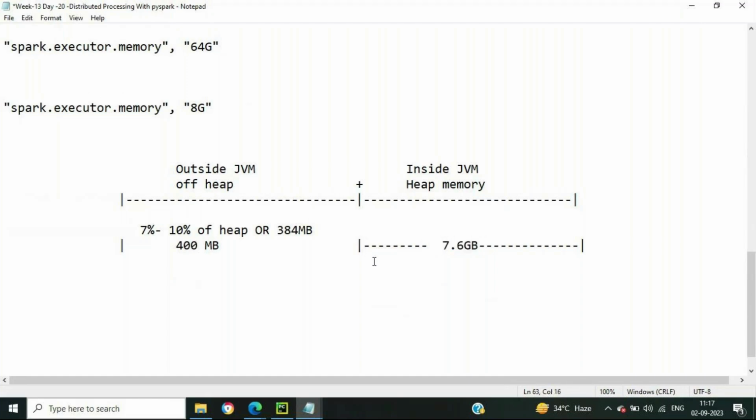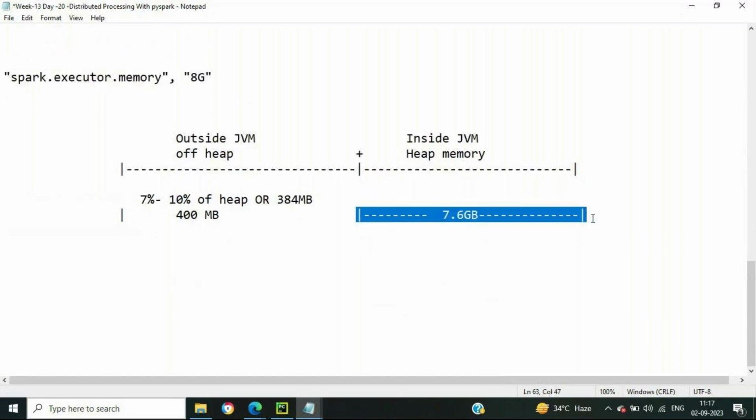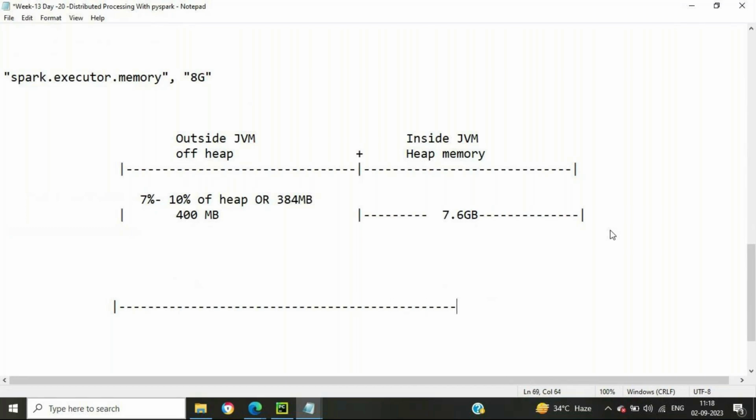No, it is not the case. This heap memory portion is further divided. So we have 7.6 GB of heap memory, and the off-heap memory is around 400 MB, or 7 to 10%, or 384 MB by default.